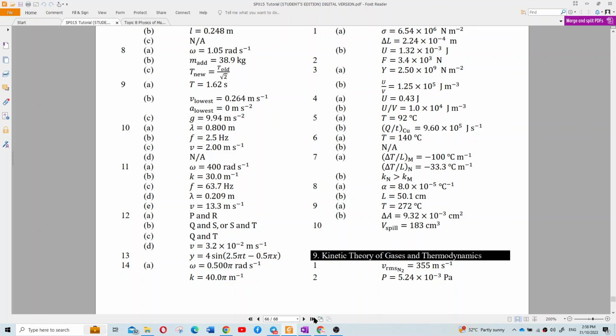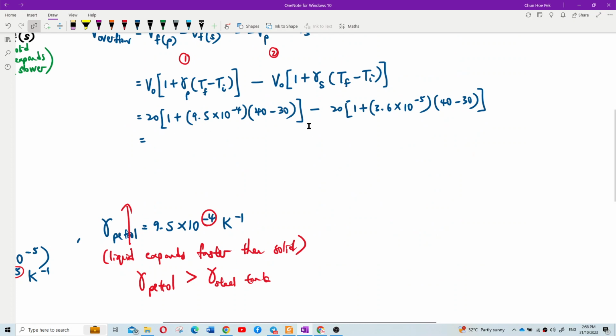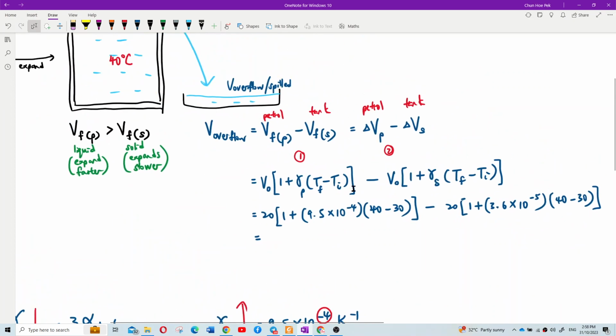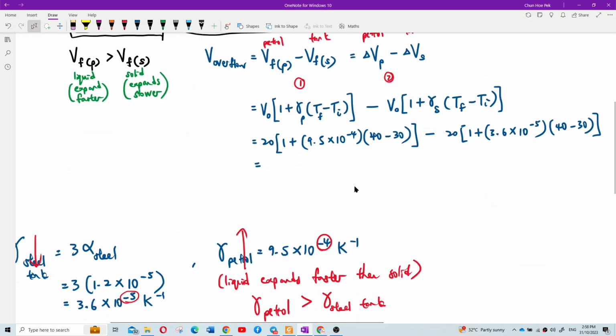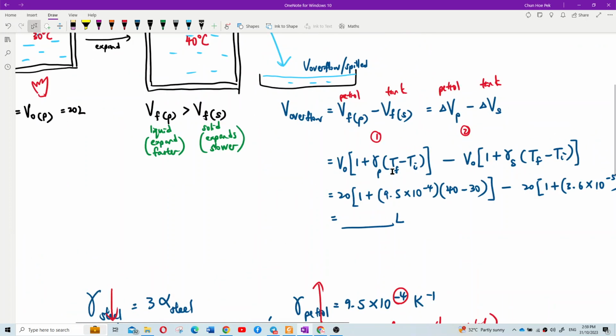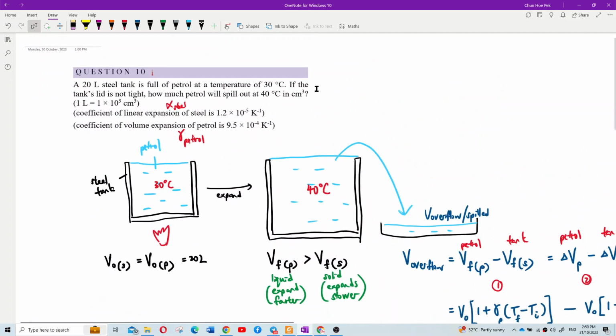The answer is in cm cube. So in liter what is the answer, class? Can you find the answer for me? I got the answer in liter first, because the question asks you to find in cm cube, isn't it? So be careful. You want the answer in cm cube. It also gives you the conversion here. 1 liter is 10^3 cm cube.